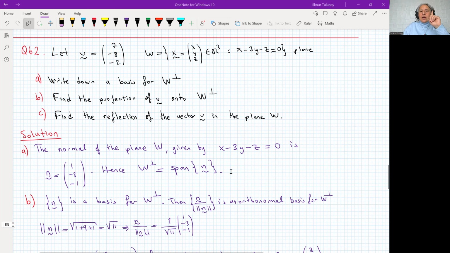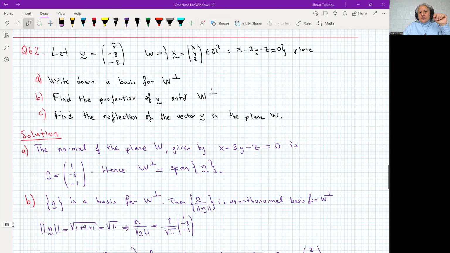Now we would like to find the projection of the vector on the orthogonal complement of this plane, which is W perp. In the formula, we have to use an orthonormal basis.